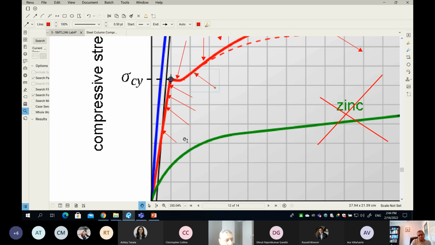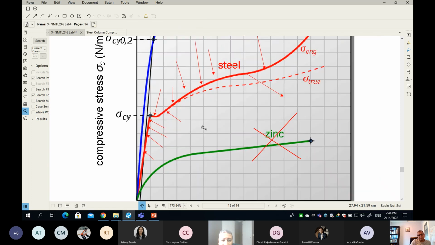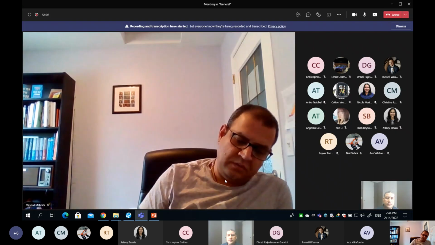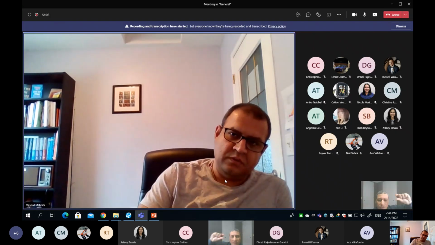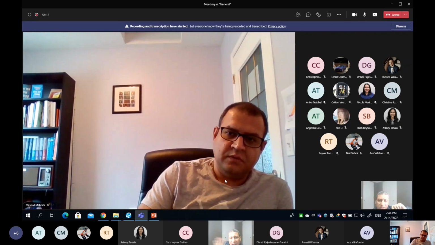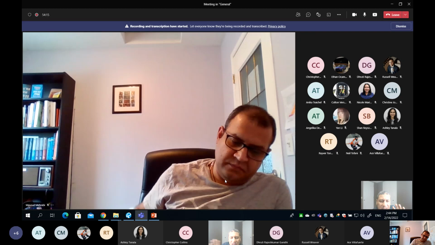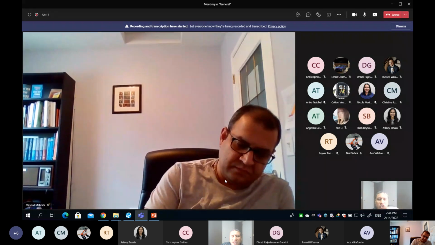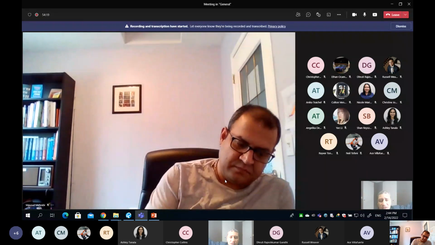Can anybody tell me what the main criterion is that fails our column early? This ratio. The smaller the ratio, the less effective buckling is. It doesn't suffer from buckling, so it will fail due to material failure.